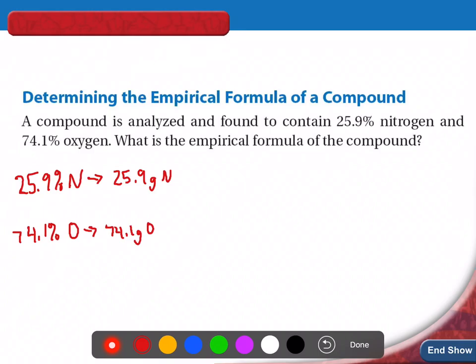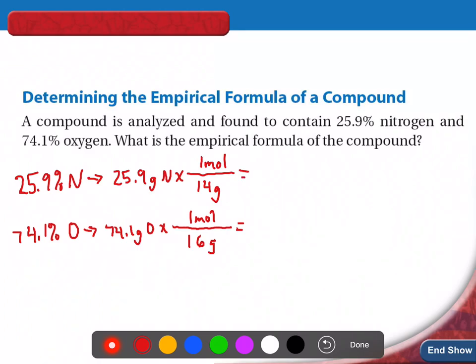Then convert that to the number of moles. So nitrogen is 14 grams in 1 mole. We're just using the single element, not the diatomic version for this. Typically we will use the diatomic version. This is kind of an exception. Oxygen is 16 grams in 1 mole.